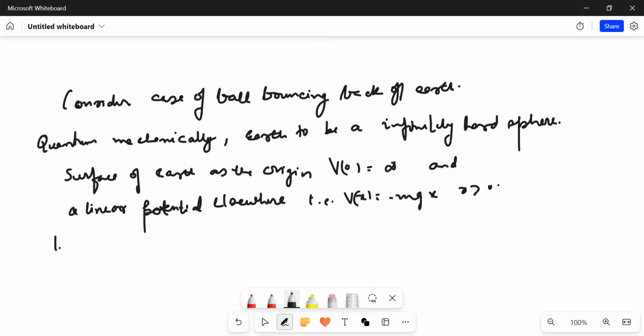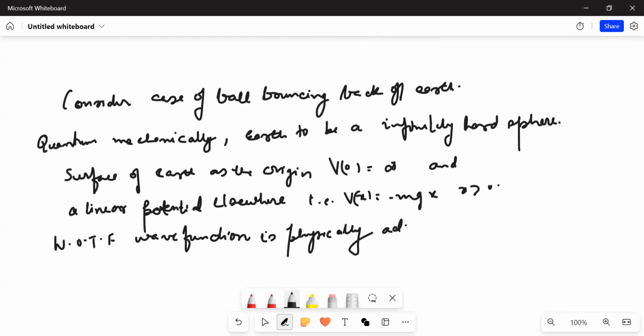Now, we want to know which of the following wave functions is physically admissible for this problem. Okay, so this time I'm giving you some options to think upon.